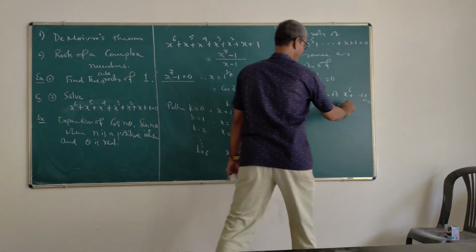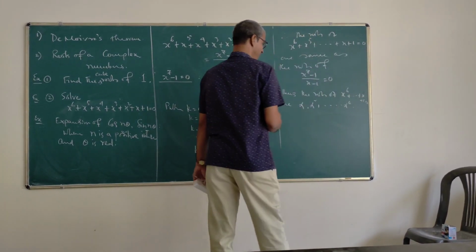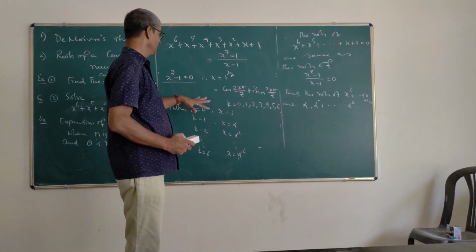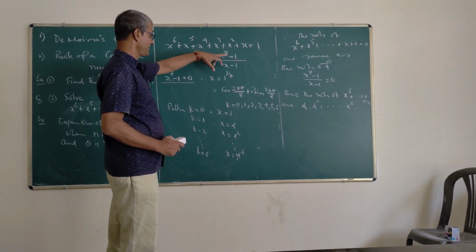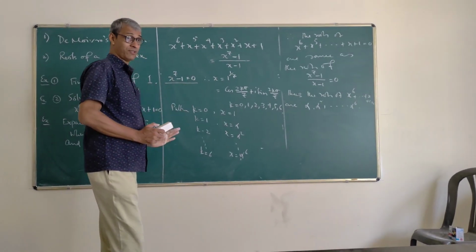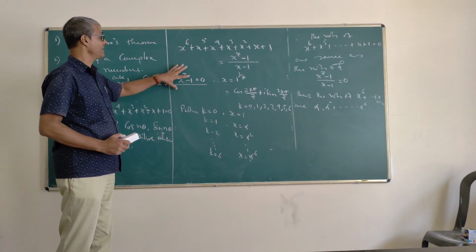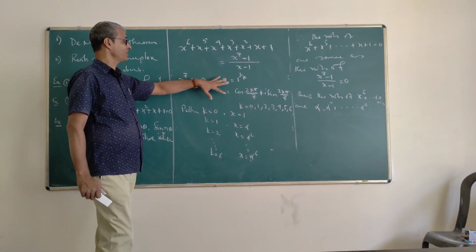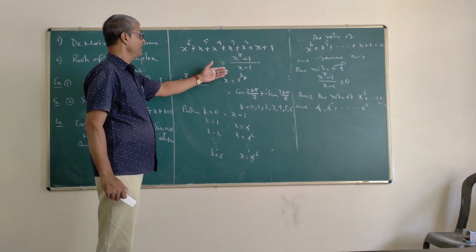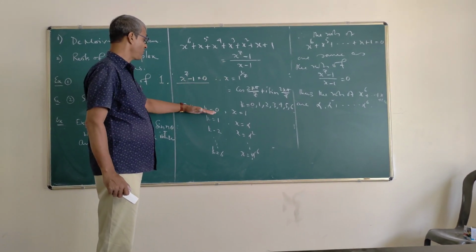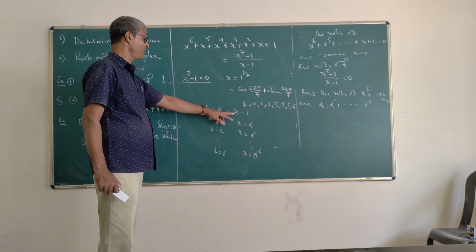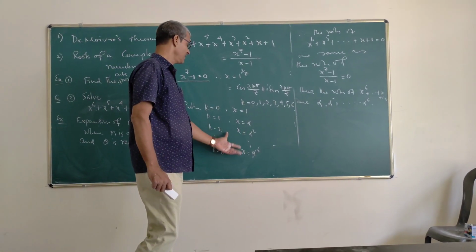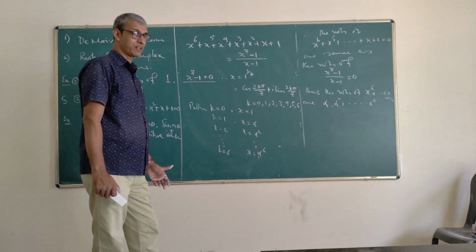These are the roots of the equation, because we considered x^7 - 1 = 0 and found the 7 roots of 1. If we omit the root when k equal to 0, then except this, all the others are the roots of the degree 6 equation.